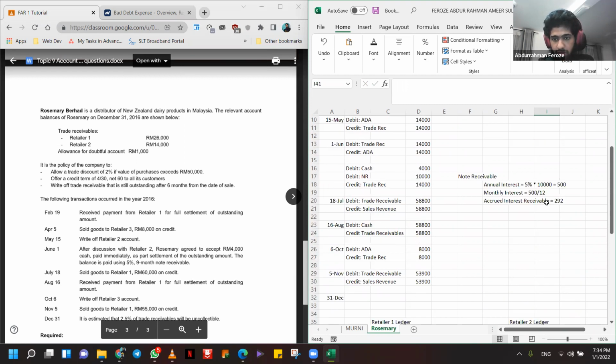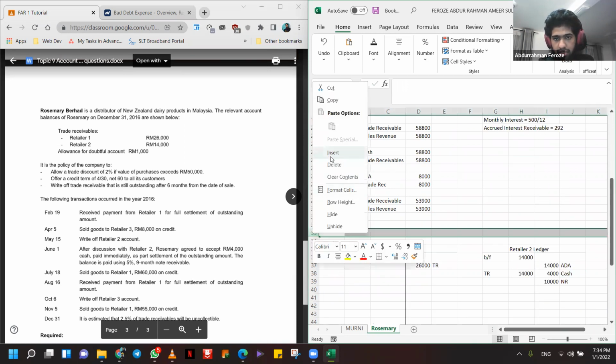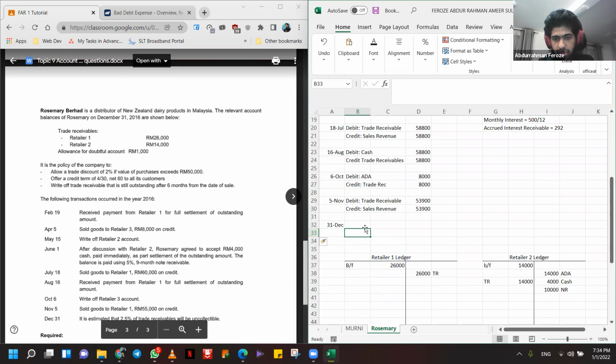Something we have to remember as well is that the accrued 7-month interest, we did not add it here. We can add it now. So we can put debit interest receivable 292, credit interest revenue 292.